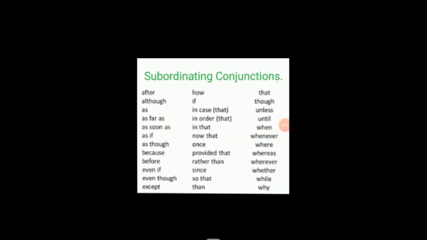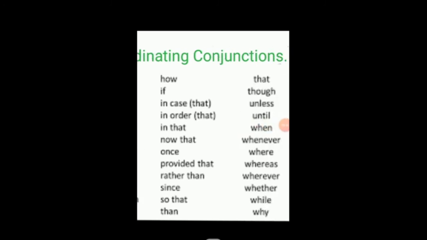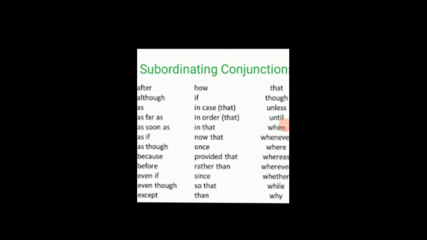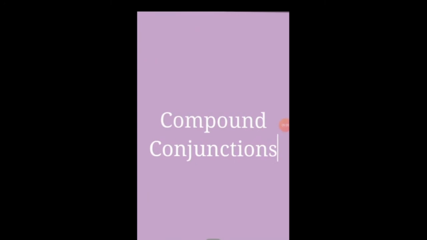Here is a list of many conjunctions which fall under subordinating conjunctions: after, although, as far as, as soon as, right? This is a list.